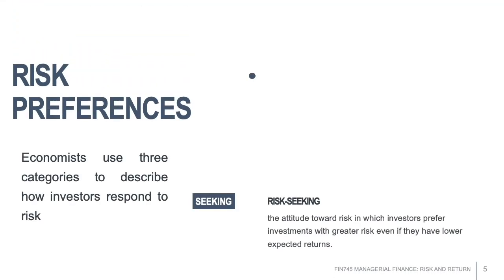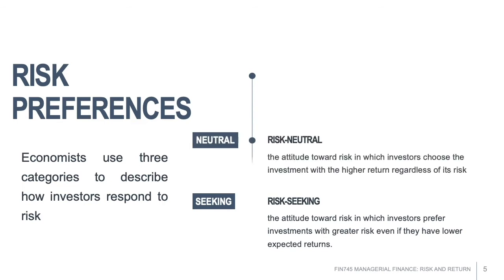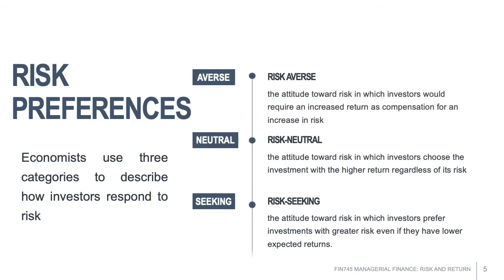Let's move to the risk preferences. Economists use three categories to describe how investors respond to risk. The first one is risk-averse. Risk-averse is the attitude toward risk in which an investor would require an increased return as compensation for an increase in risk.